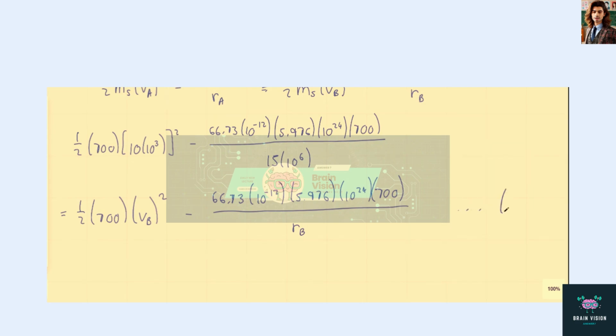Now this equation also has two unknowns, which are the same as equation 1. We'll call this equation 2.